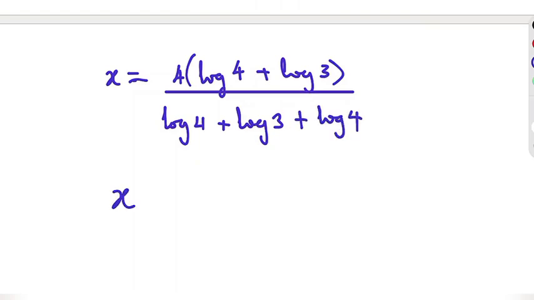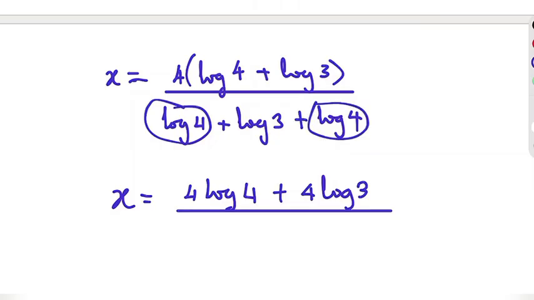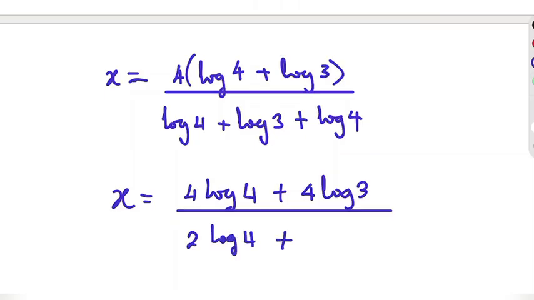So x will be equal to 4, use 4 to open the bracket, 4 log 4 plus 4 log 3, divided by, look at this, we have log 4 here and we have log 4 here. So it shows that we can add the two together. So we're going to have 2 log 4, then plus log 3.